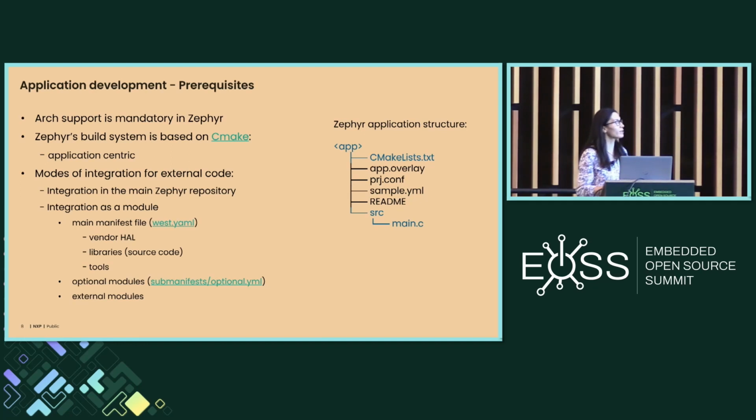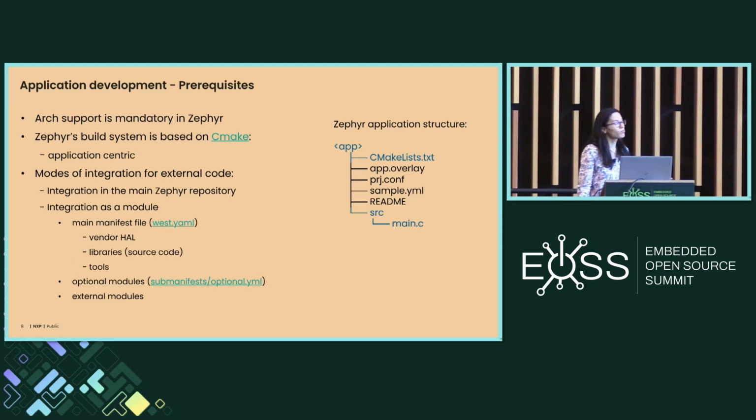If we want to add modules in the main manifest file, in the west.yml, these are limited to projects that are used by Zephyr subsystems, like libraries, by a platform, by hardware abstraction, like the hardware abstraction layer, where we have the drivers for a particular silicon vendor. We also have tools that are used to build and test Zephyr components.